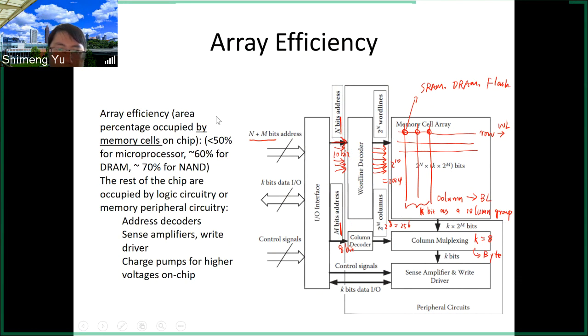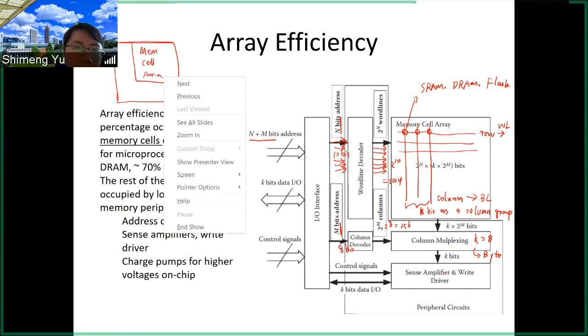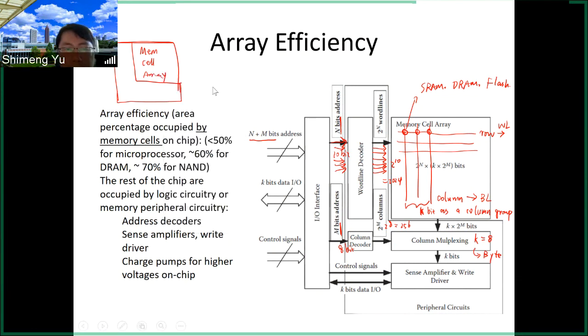As you can see, in the whole memory chip, there is the area percentage occupied by the memory cell array. This is the memory cell array, but you have other modules.